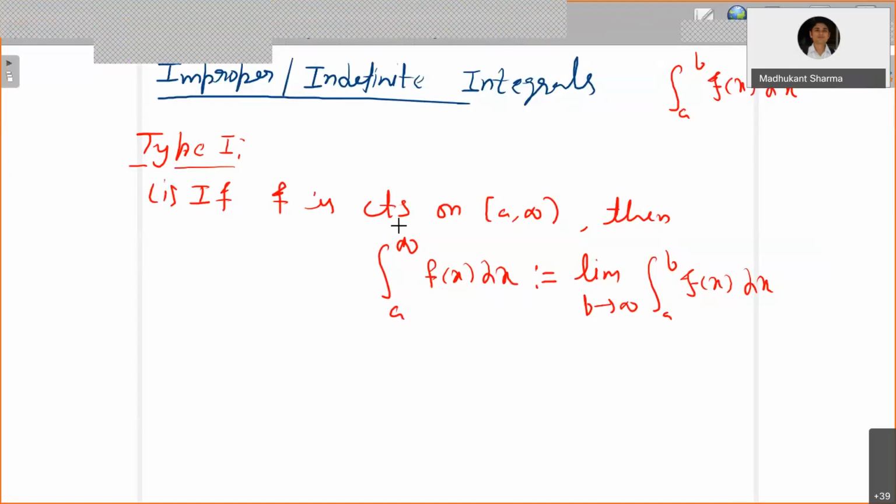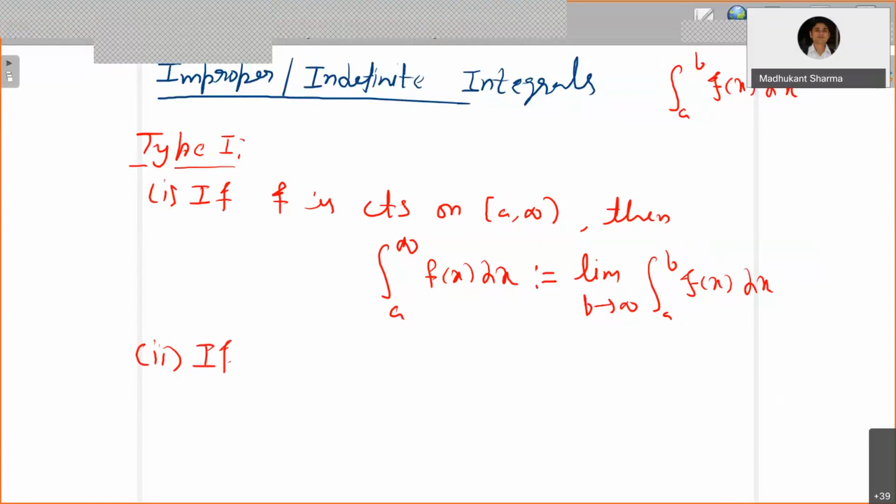If f is continuous, f is Riemann integrable over any finite-length interval. You find the integral value and then apply the limit as b tends to infinity. If this limit exists, then we say that this improper integral converges. Otherwise, we say it diverges.